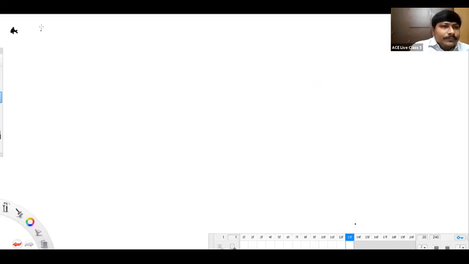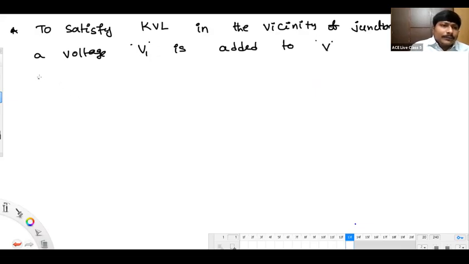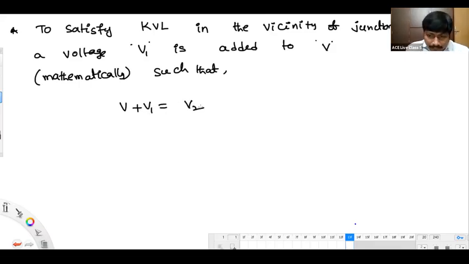To satisfy KVL in the vicinity of the junction, a voltage V1 is added to V mathematically, such that V plus V1 is equal to V2.